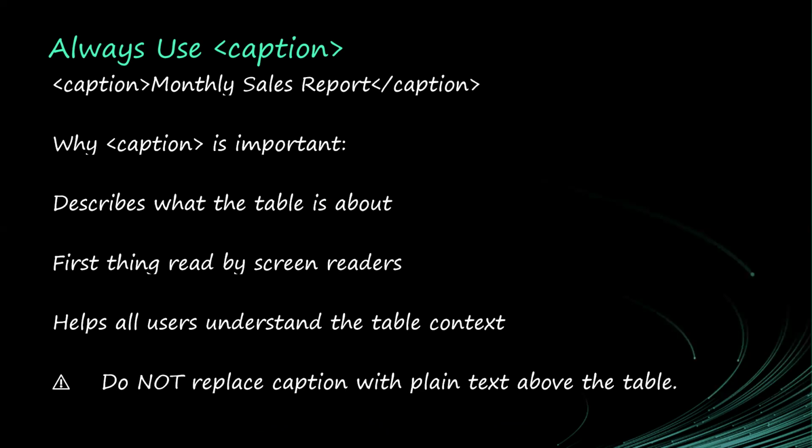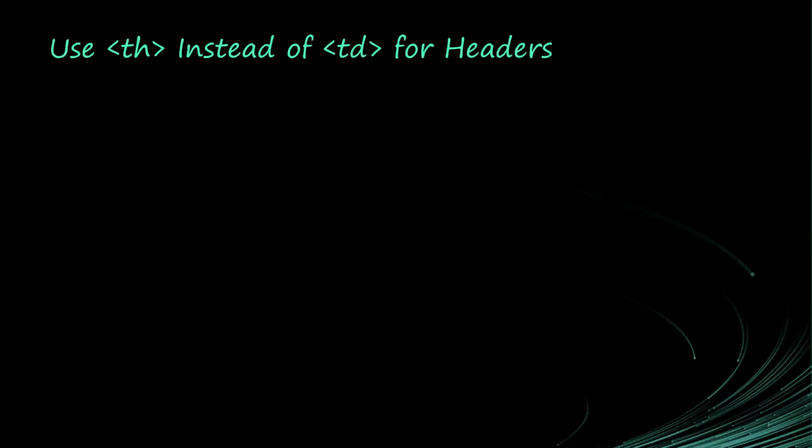Do not replace caption with plain text above the table. Don't just come and put a plain text or use H1 or H2, whatever it is, above the table element. Use caption inside the table element for descriptive text about the table.